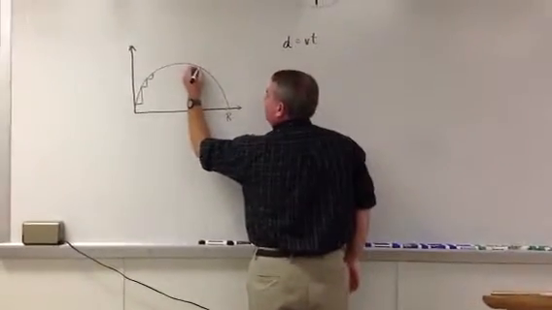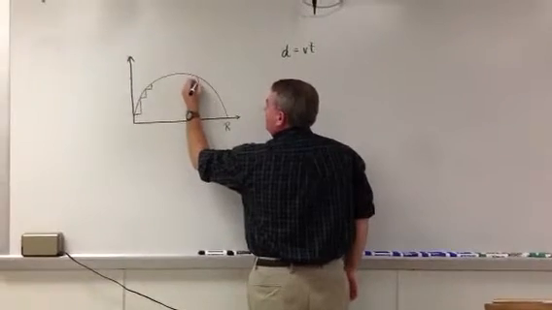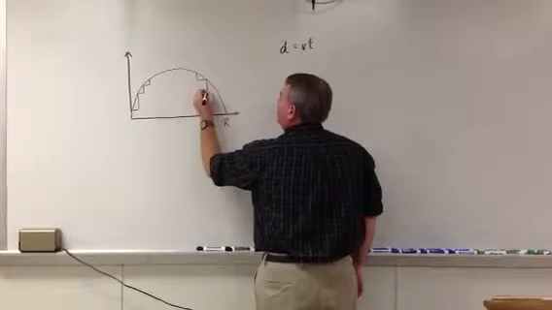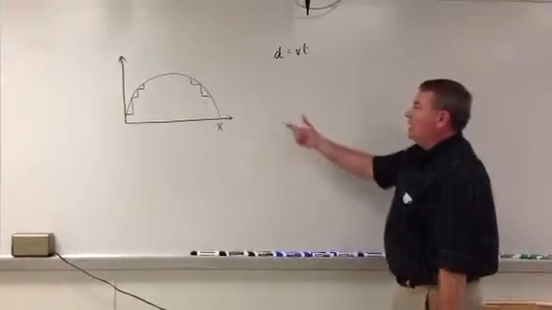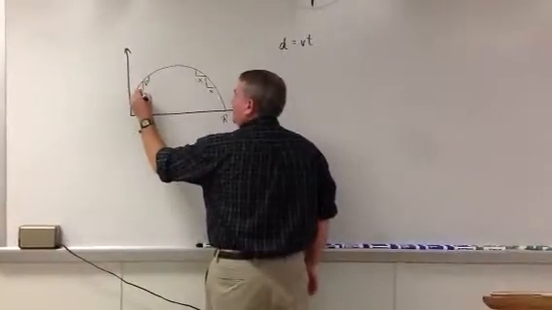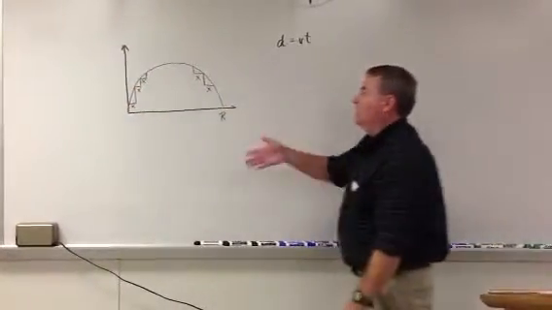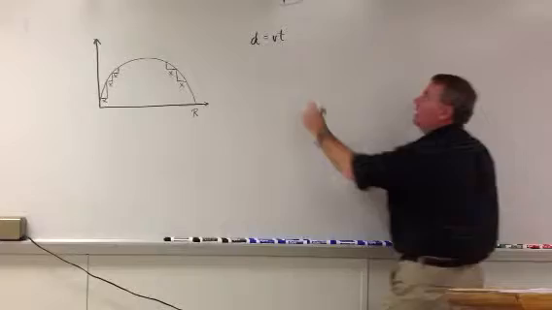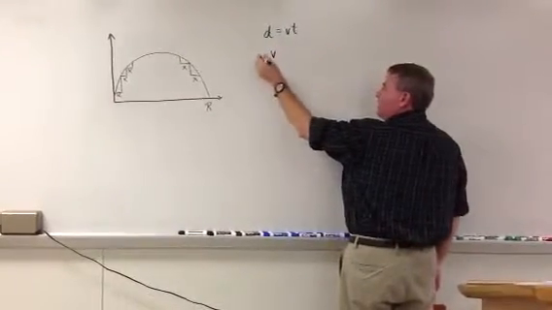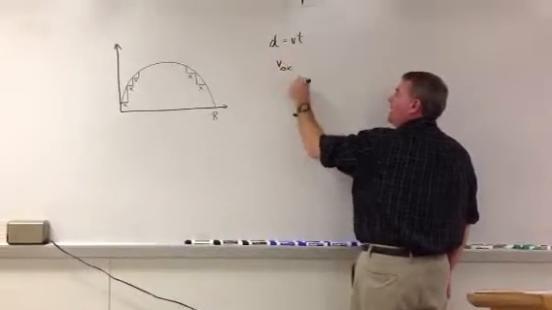As you come down, it's going to come down a little more each time, but move over the same amount each time. And so that x distance is supposed to be the same for each interval of time. What this means is that the velocity is constant, and it's v naught x.